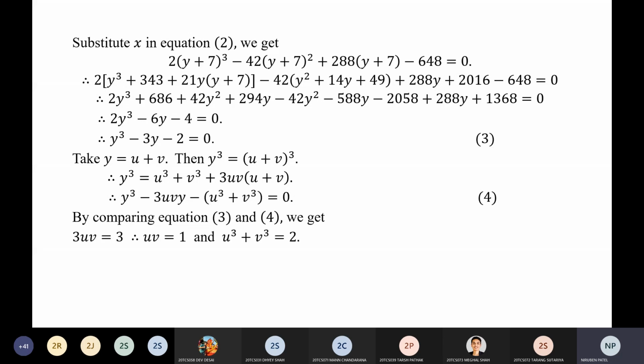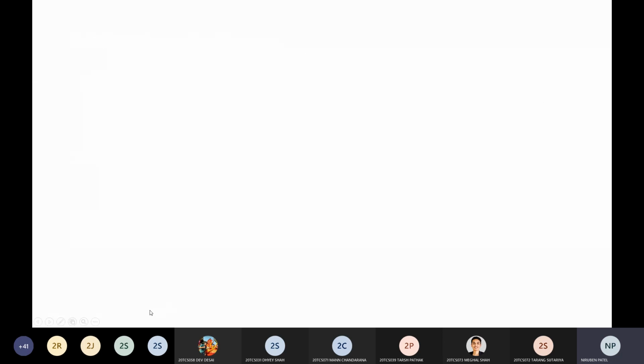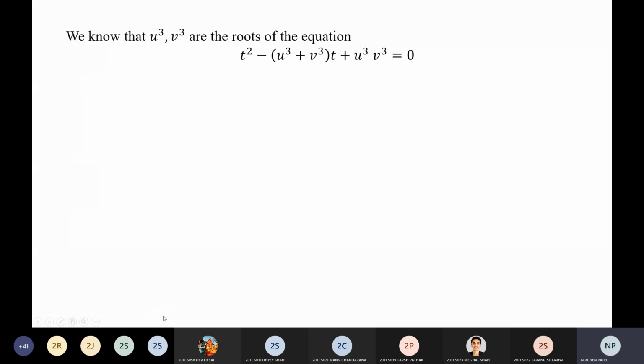Now we want to substitute. That means these are the roots, and we will make a second order equation. So the second order equation is t square minus 2t plus 1 equal to 0. So the roots are 1 and 1.